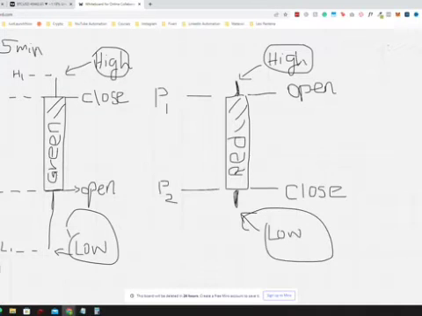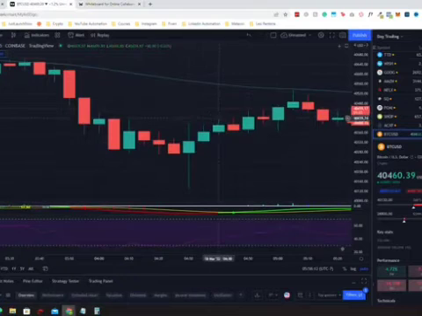So that will be a bullish candle, and this will be a bearish candle. Once again, it's bearish because it starts at a higher price and that 5 minute trading period closes at a lower price than what it started with. So that's why it's a red candle.